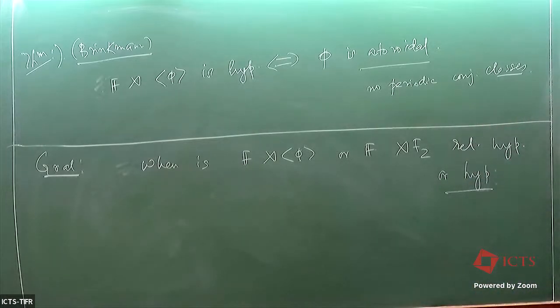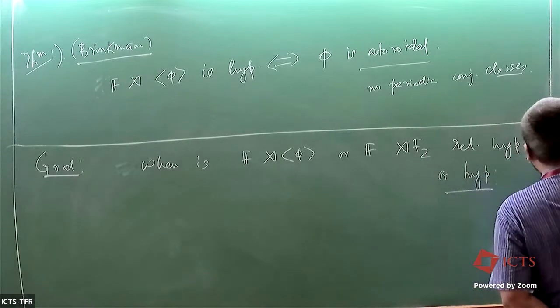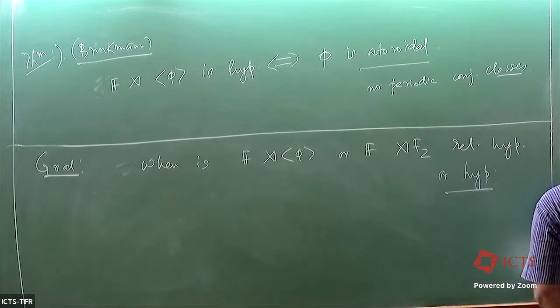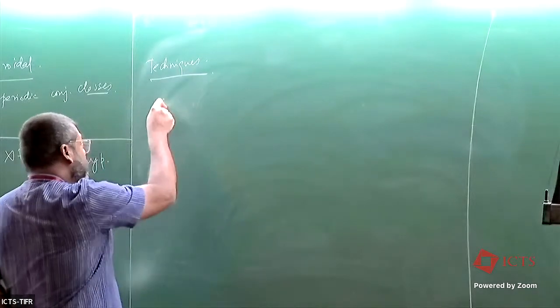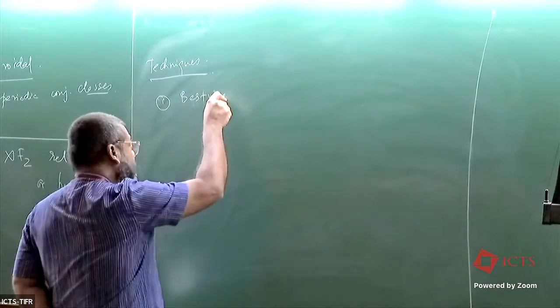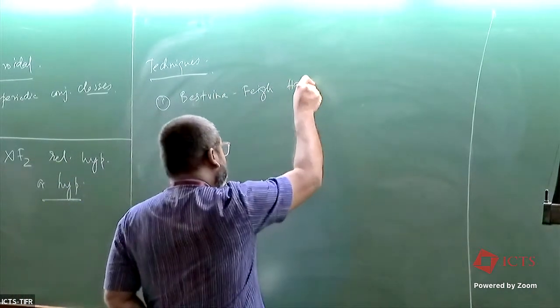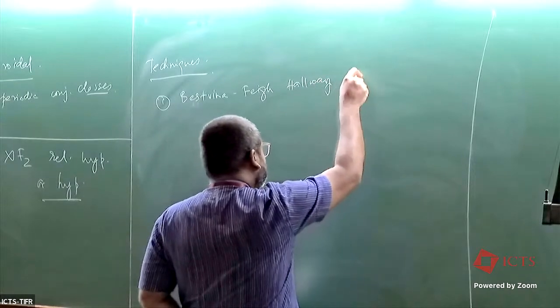Hyperbolic is kind of the best case scenario, so what are the tools or rather techniques that we'll be using? So one is the Bestvina-Feighn hallway flaring.